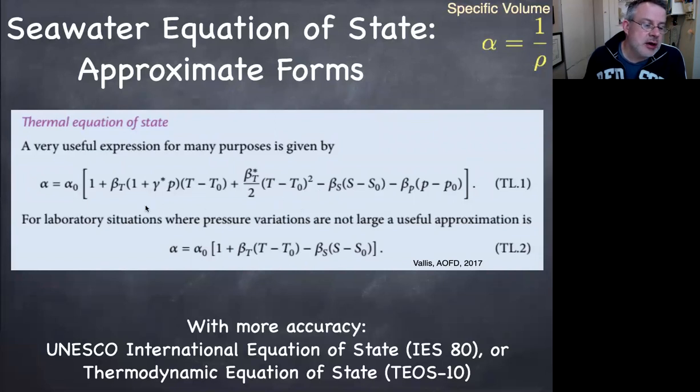These nonlinear corrections, called the thermobaric corrections, are an important part of the deviations of potential temperature and potential density from what you might expect based on this simple equation, because they connect together the changes in pressure and the changes in temperature.